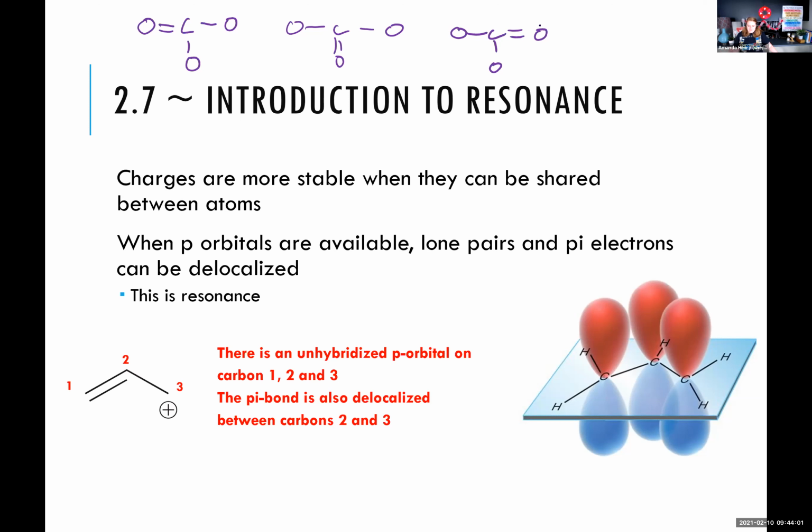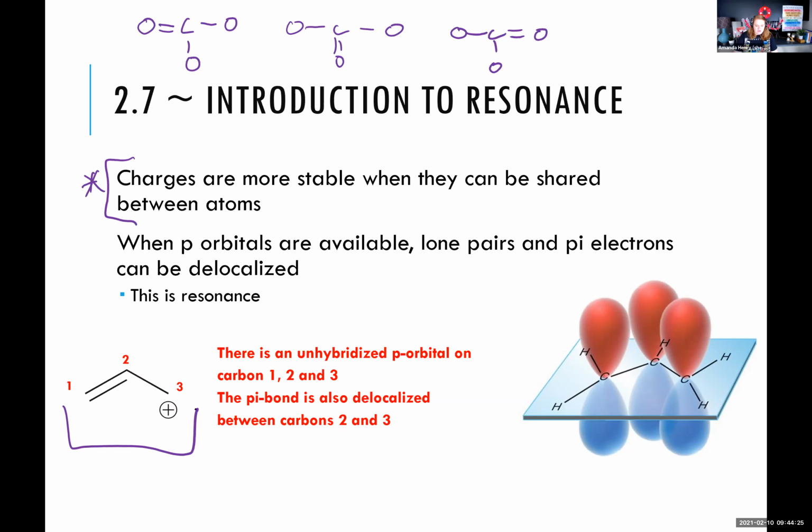That's kind of what we're doing here as well, but we're expanding on it. The reason why we do resonance, the purpose of this, is this very first sentence here. Charges are more stable when they can be shared between atoms. When we just draw a structure like the one that's down here, there is a charge on carbon number 3.